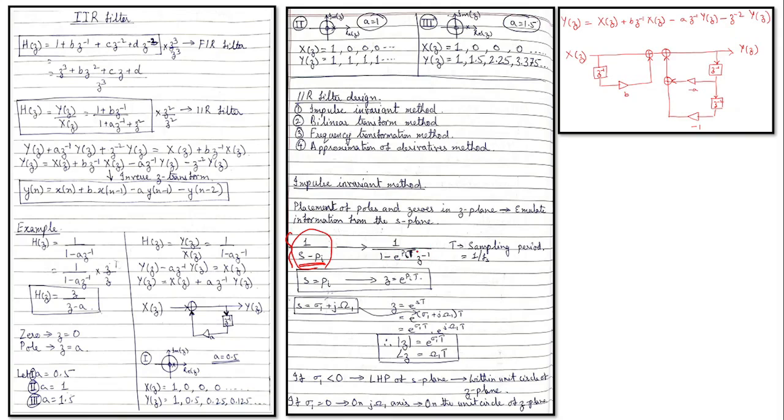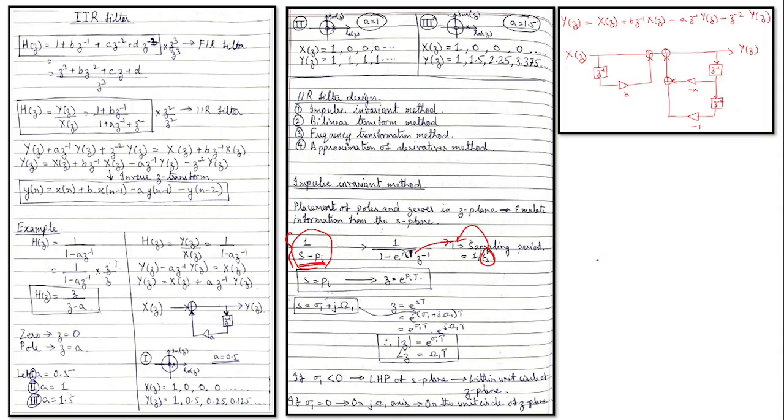Okay, where this capital T is nothing but the sampling period. If the sampling period is not given, you need to check whether the sampling frequency is given, and if it is given, you need to calculate the capital T.